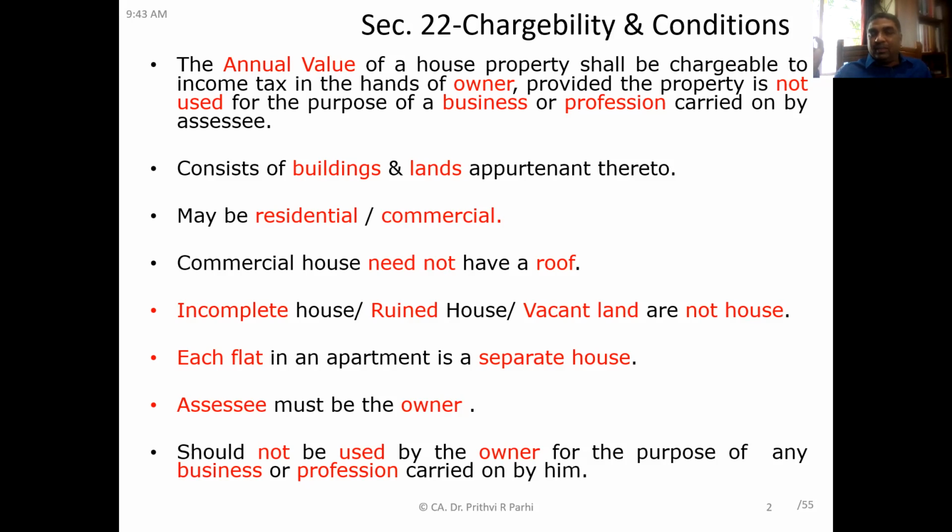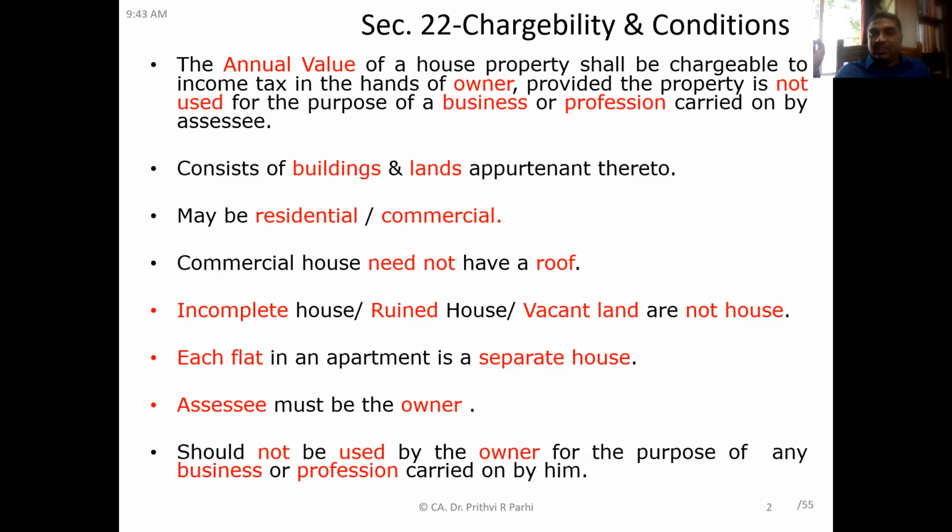And one major condition which you have discussed from the very beginning is that the assessee must be the owner of the house property. If the assessee is not the owner, then this annual value will not be taxed to him under income from house property. Let us say the assessee himself is a tenant, but he has sublet the house to somebody else.